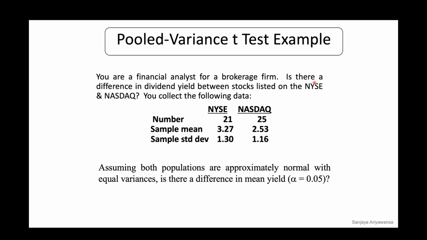So they're asking whether there's a difference between these dividend yields. That means whether it's the same or whether there's a difference. Is there a difference between the dividend yield, or is the dividend yield the same? So that is how you determine your H0 and H1.